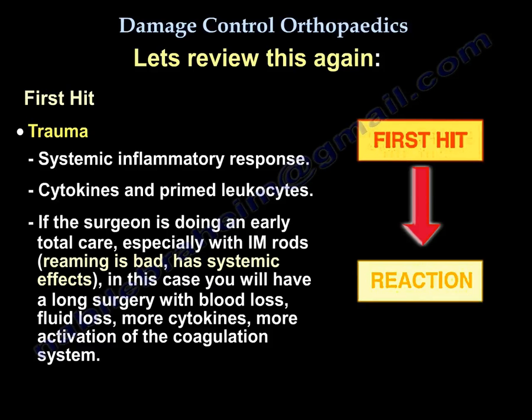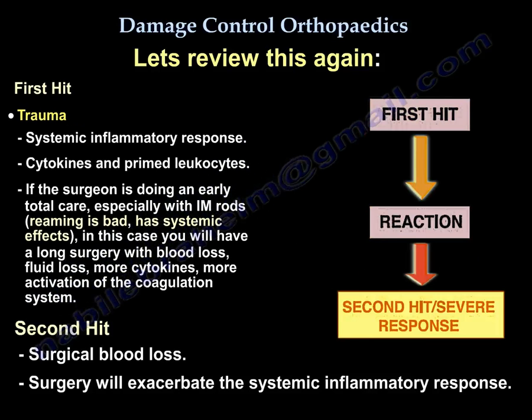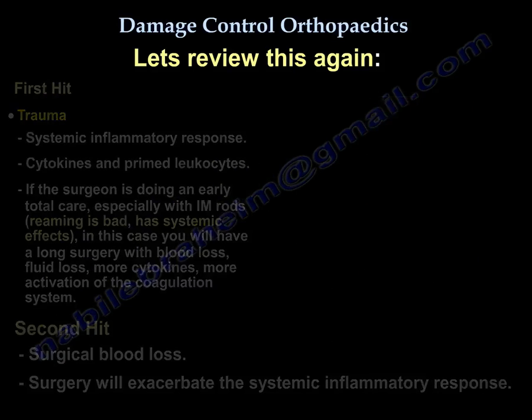In this case you will have lung injury with blood loss, fluid loss, more cytokines, and more activation of the coagulation system. Then you get a second hit, the surgical blood loss. Surgery represents the second hit, and it will exacerbate the systemic inflammatory response.